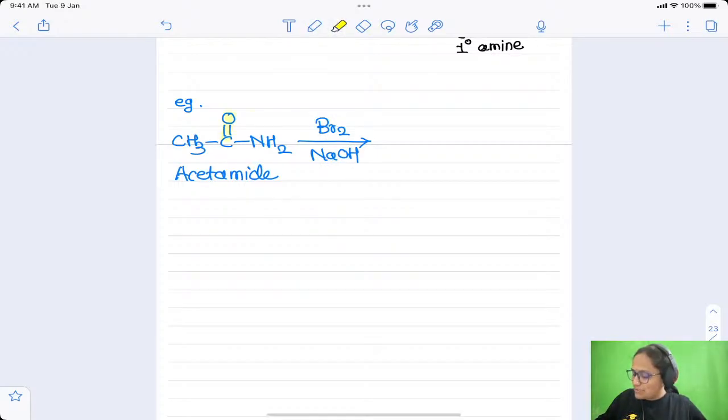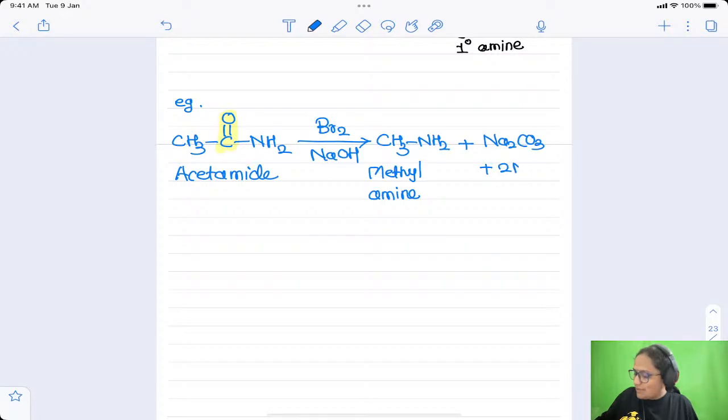Simply you have to remove this C=O part, and attach CH3 and NH2 to each other, which is nothing but methylamine. Simply you remove the CO, and the remaining products you can write down are Na2CO3 plus 2NaBr and 2H2O. These products are going to be common in all the reactions, just the main product will change.